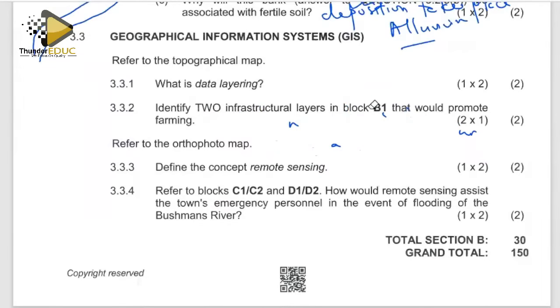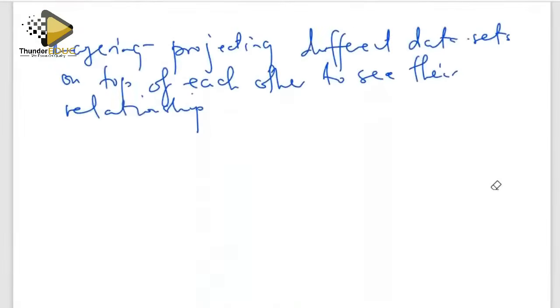Define the concept remote sensing. When you're looking at remote sensing, this is a geographical concept, a GIS concept.